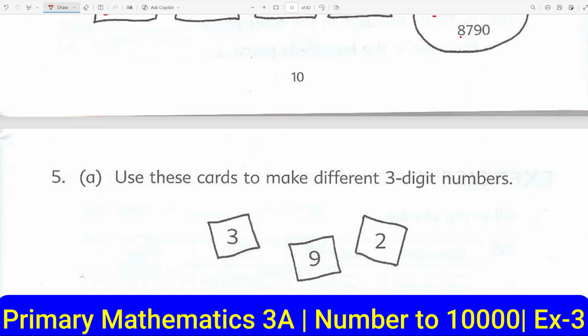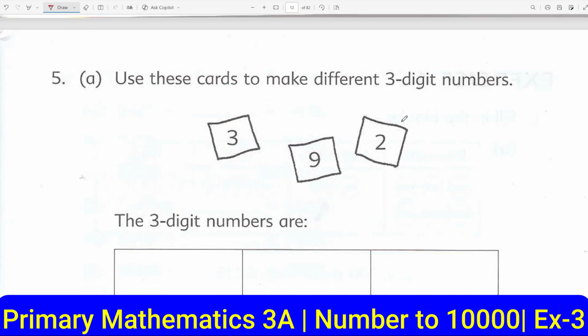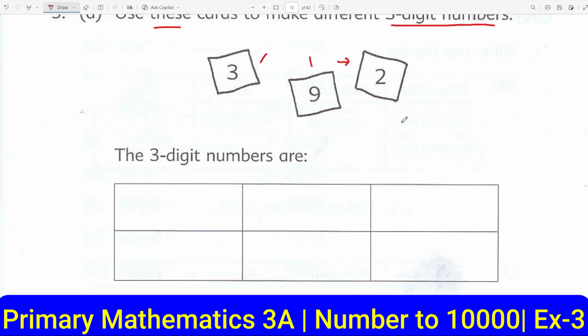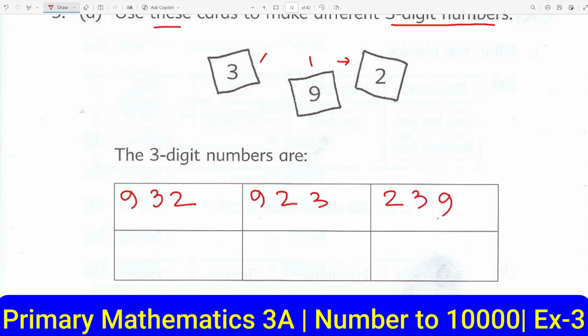Number 5. Use these cards to make different 3-digit numbers. Here is a 3, 9, and 2. So first we can write 9, 3, 2. Next we can write 9, 2, 3. Next the smallest one, suppose 2, 3, 9.